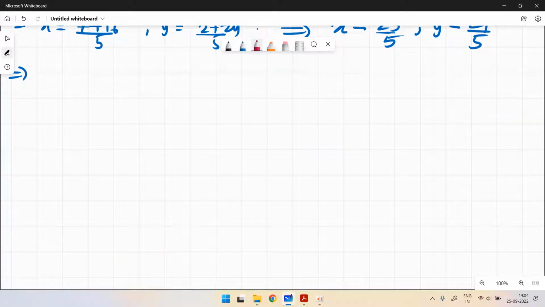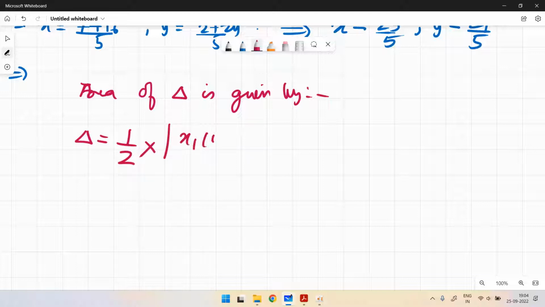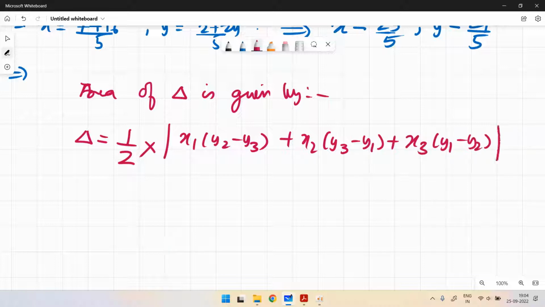So the area of a triangle is given by half into modulus of x1 into y2 minus y3 plus x2 into y3 minus y1 plus x3 into y1 minus y2, modulus closed.